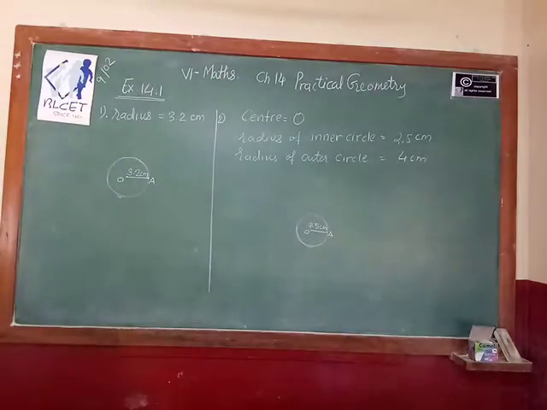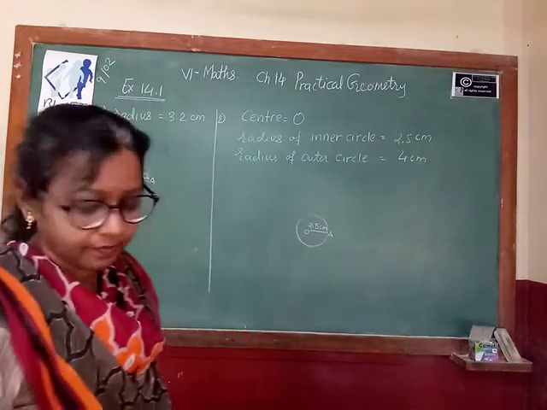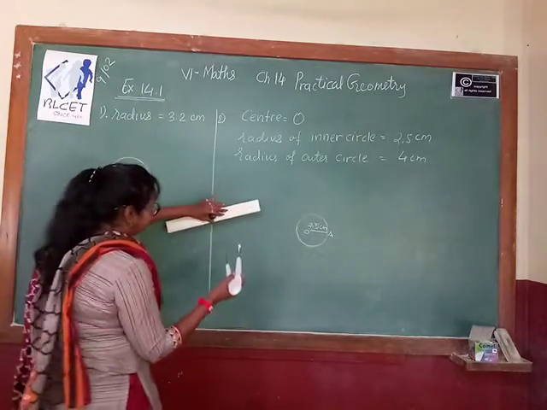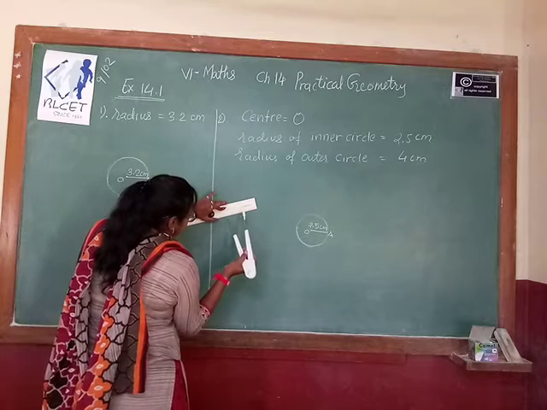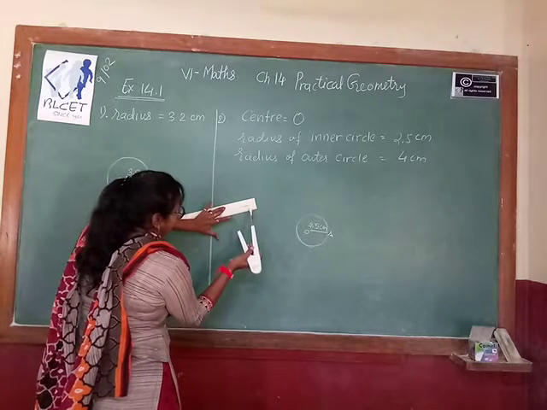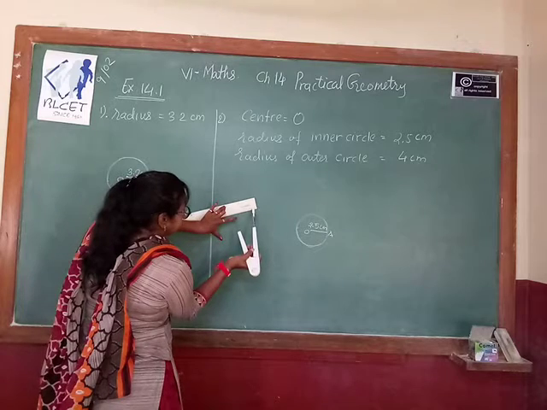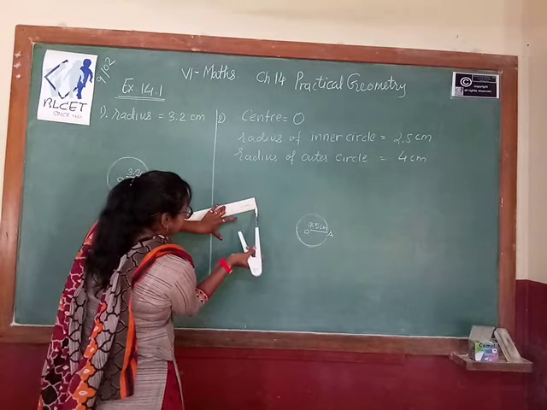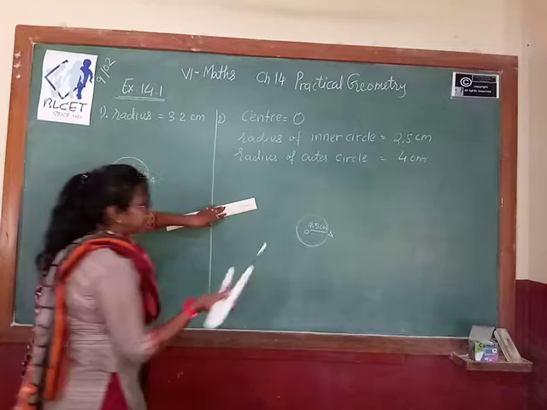Now with the same center, we have to draw the circle whose radius is 4 centimeter. So take your compasses and scale. Take the 4 centimeter measurement: 1, 2, 3, 4. So here is your 4. Now this is the 4 centimeter measurement.